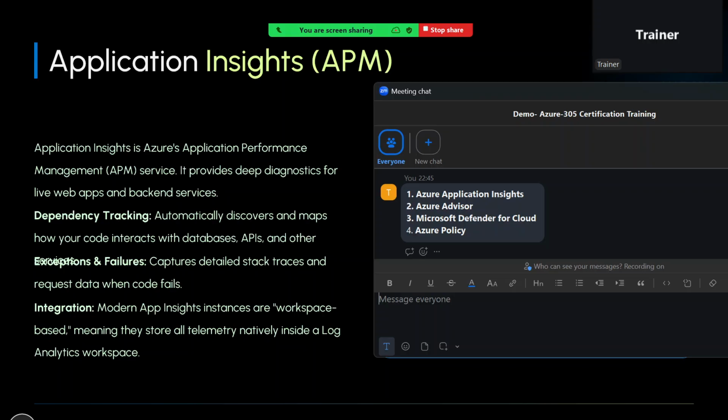Okay. So Application Insights architecture looks like, let me write here for you so you have a note.